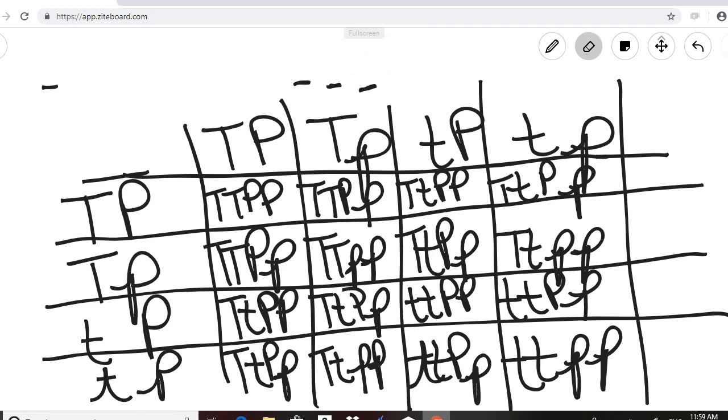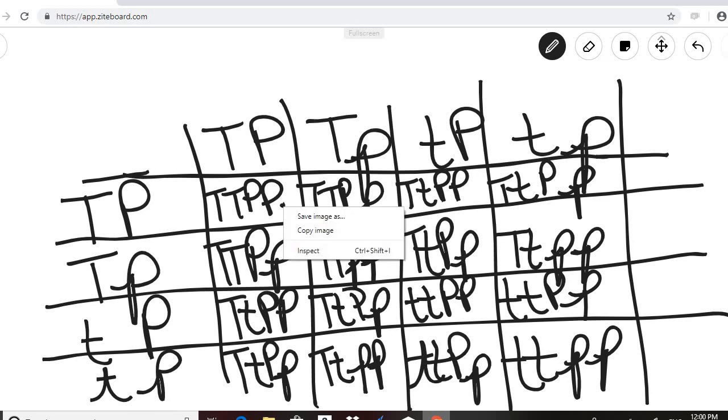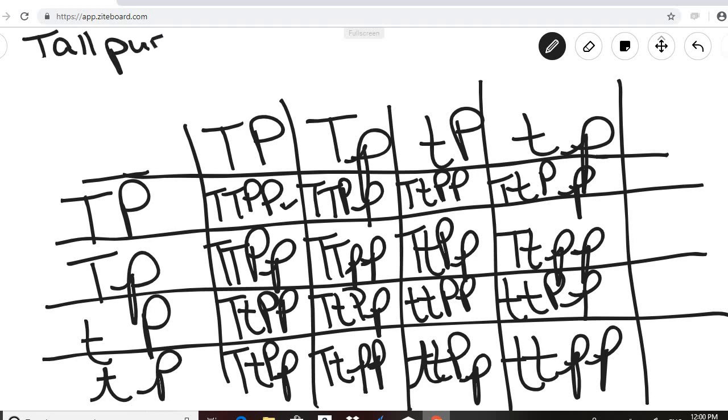It's going to be tough because we're going to run out of room, but this one right here that I'm pointing to would be tall and purple. Okay, so that's one possibility, they could be tall purple plants. So let's go through and count how many would be tall and purple.